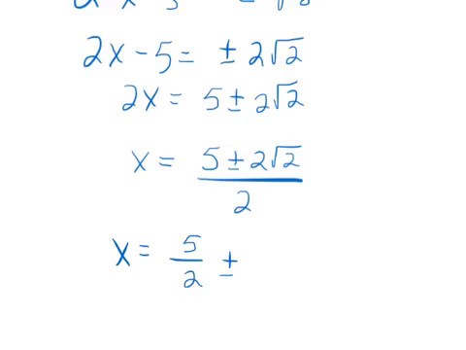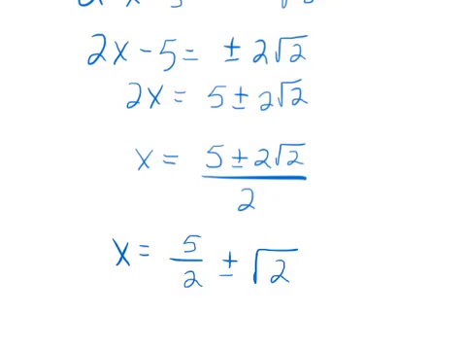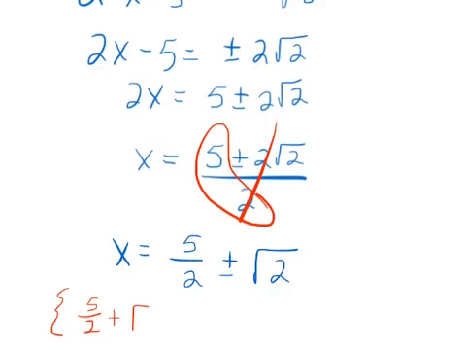They cancel, yeah. So we're just left with the radical 2 there. Remember that when we're dividing these 2's, they're going to cancel. But the 2 and the 5 still have to be divided. And that's the 5 halves in the front. As a solution set, we simply write brace 5 halves plus root 2, 5 halves minus root 2, close brace. Any questions on this one?